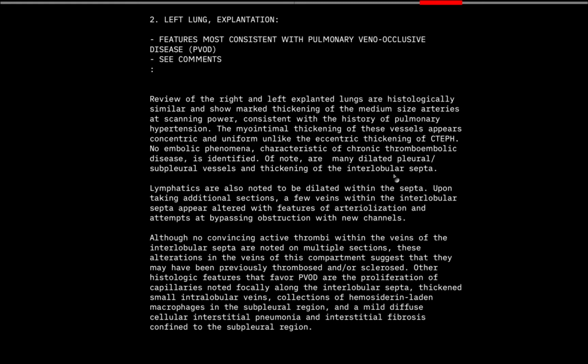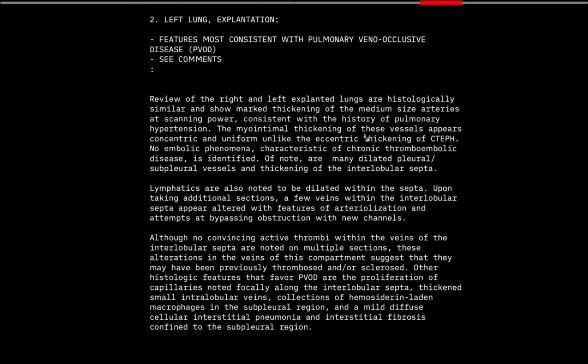So notably, dilated subpleural vessels, thickening of interlobular septa, lymphatics noted to be dilated within septa, some alteration of pulmonary veins, suggesting that they've previously sclerosed or thrombosed, proliferation of capillaries, PCH, collections of hemosiderin-laden macrophages, which one often sees apparently with PVOD.